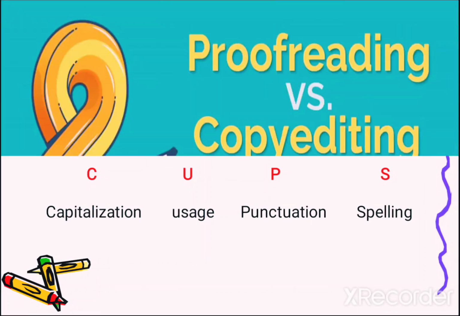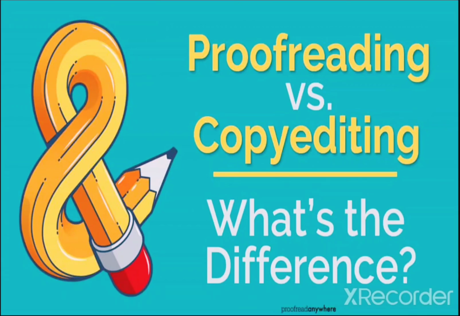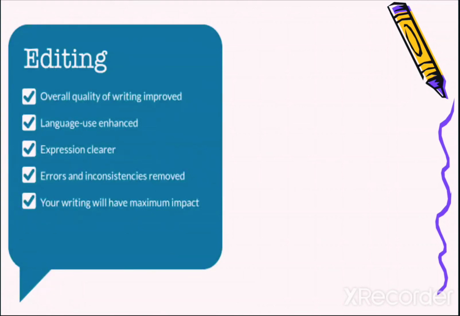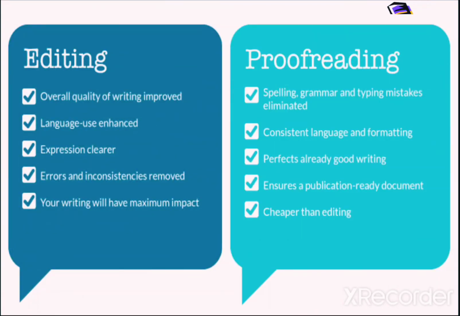Then what is the difference between proofreading and copy editing? In copy editing, the overall quality of your writing is improved, and in proofreading, spelling, grammar and typing mistakes are eliminated.